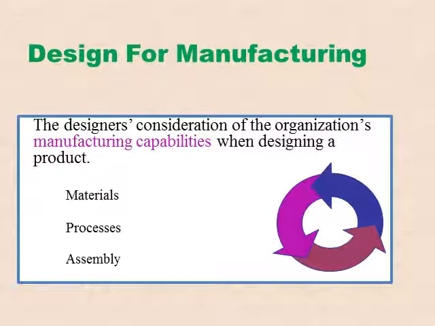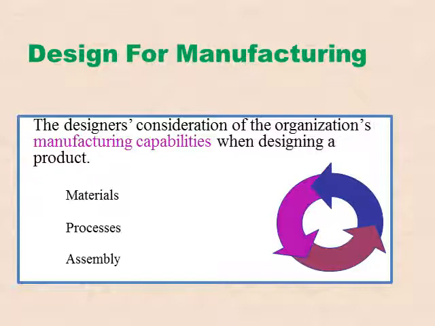Design for manufacturing means considering the manufacturing capabilities and then designing the products. So it will consider the materials, processes and assembly. According to the material, we decide which process to use, or according to the process we can select the material.